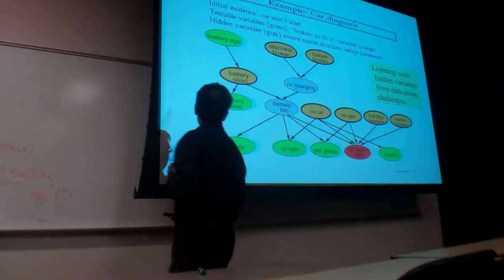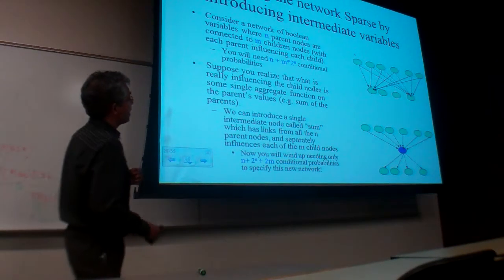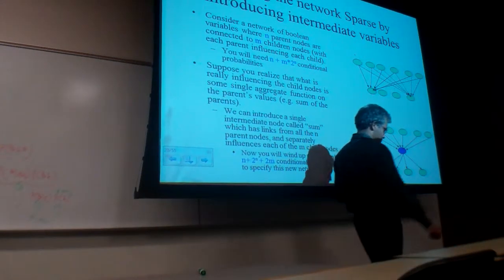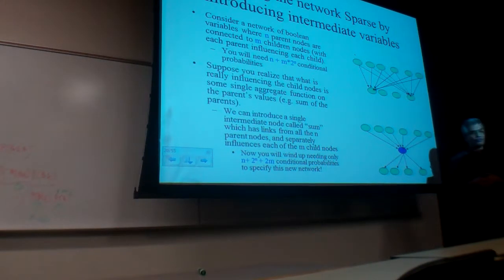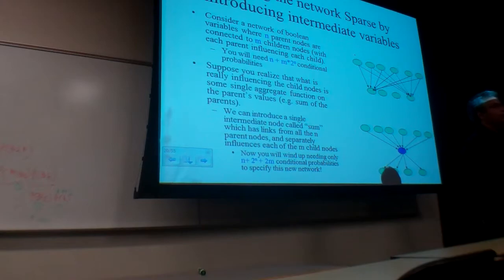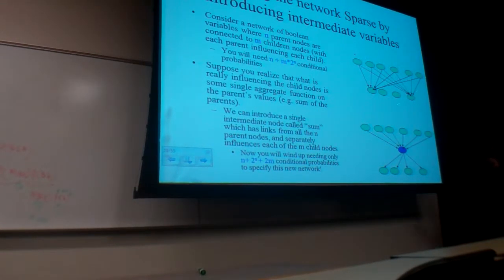Okay, one other thing, which is another way of reducing the number of numbers, is to introduce hidden nodes, introduce intermediate nodes into the distribution. You just make them up. So for example, suppose I have a bunch of nodes which affect a bunch of lower level nodes.